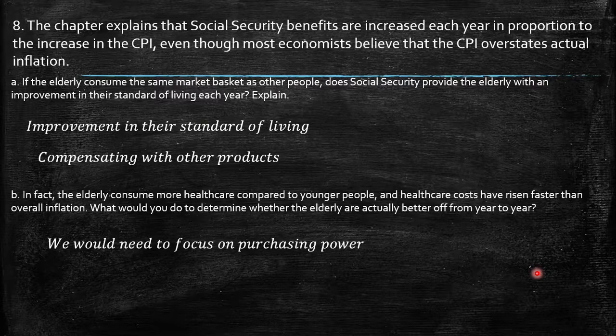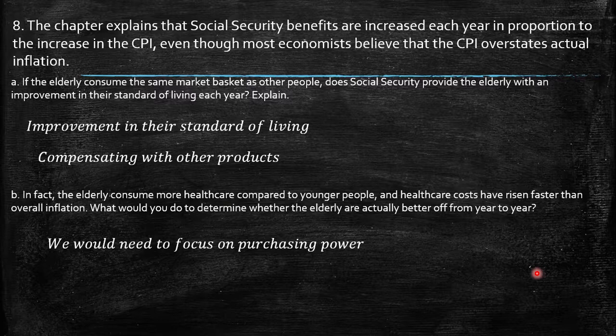So first, as you already know, we need to focus definitely on purchasing power. It may be that with this inflation they are being compensated year by year, and maybe in that case, for example, healthcare costs have risen faster than overall inflation, and then the social security benefits have increased less than that.